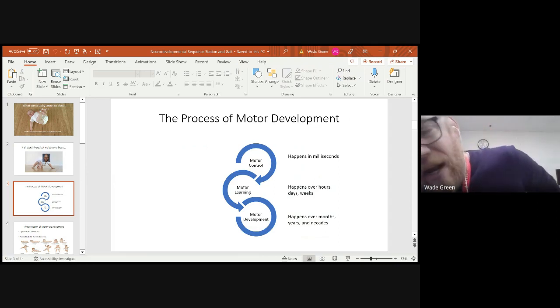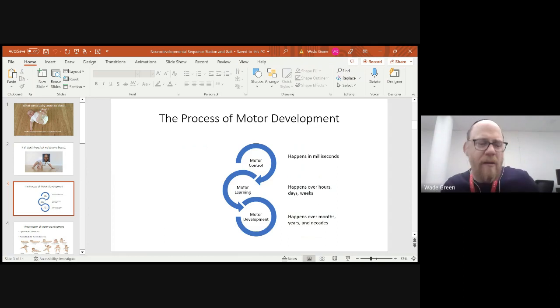Because he is balancing on a foam pad, the musculature surrounding his ankle, so calves, tibialis anterior, peroneals, are all contracting and firing rapidly to help him maintain balance. That definition and that time frame for motor development and response is motor control.